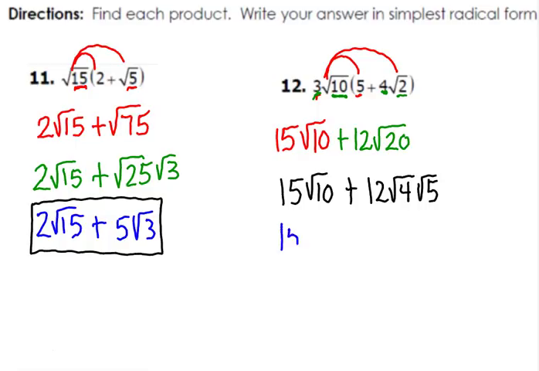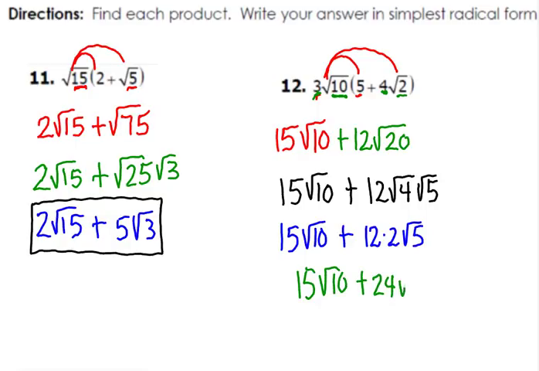So we're going to have 15 square roots of 10 plus 12 times 2 square roots of 5. And then simplifying this one last time, we'll have 15 square roots of 10. 12 times 2 is 24, root 5. Good work.